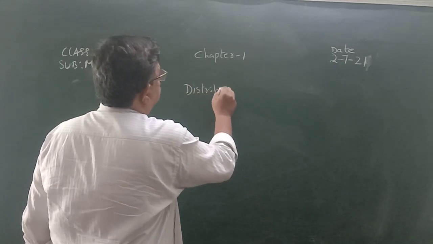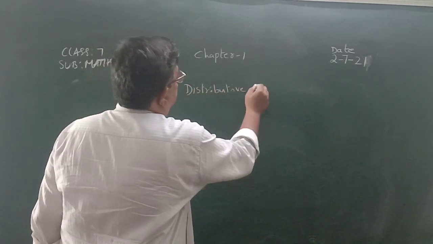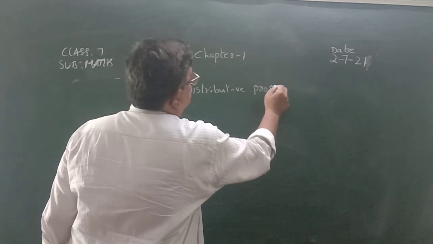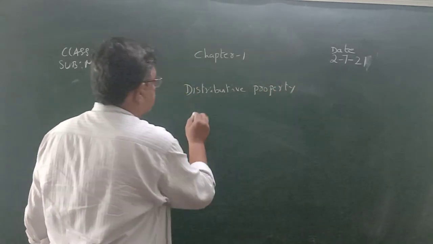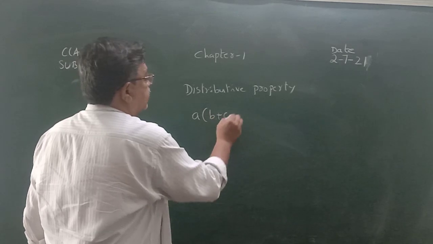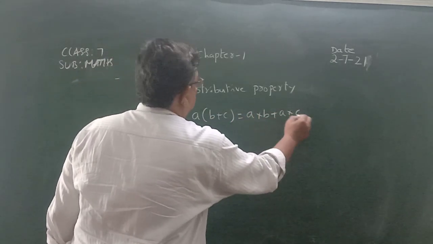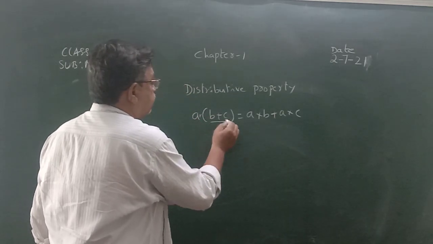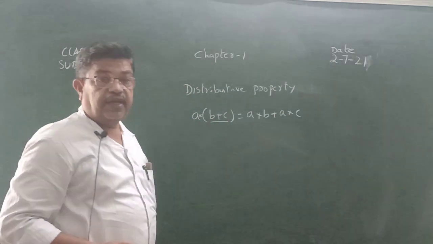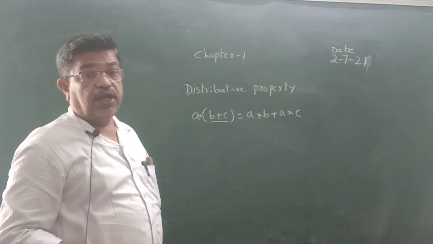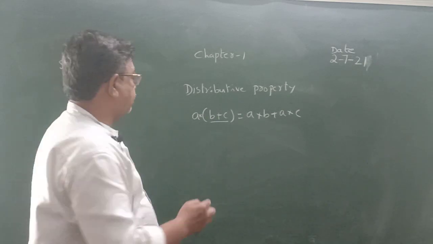Let us recollect this. What is this? A into B plus C is equal to A into B plus A into C. So A is multiplying the sum of B and C. A into B plus C can be written as A into B plus A into C.